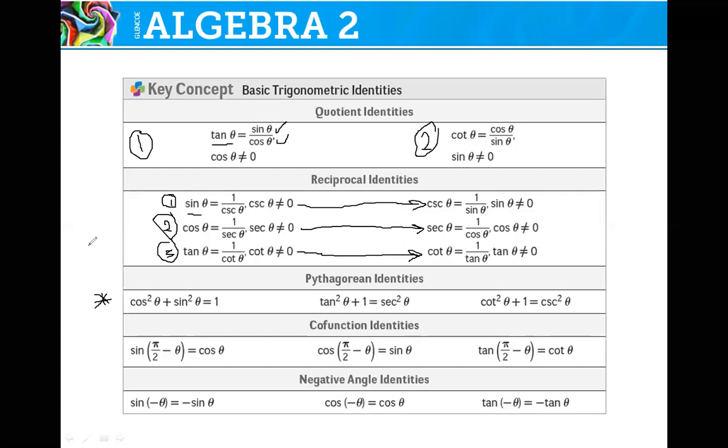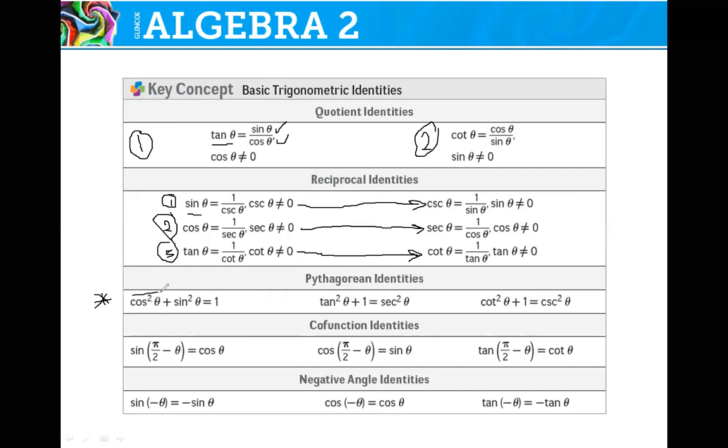If we take a unit circle and make a triangle as we worked before, the hypotenuse is equal to 1. Cosine represents x and sine represents y, and if you apply the Pythagoras theorem, the sum of the two sides squared equals the hypotenuse squared, so it's equal to 1.